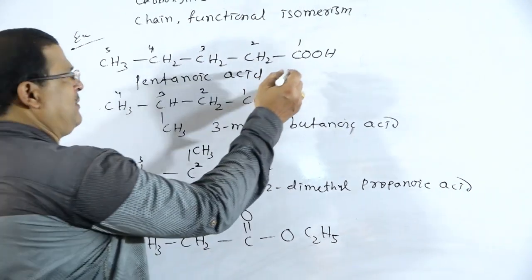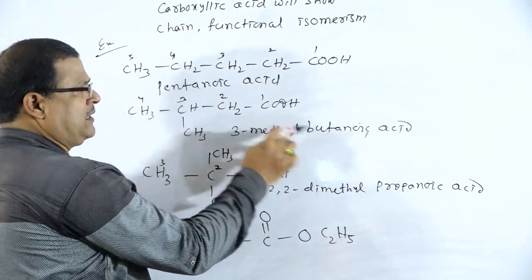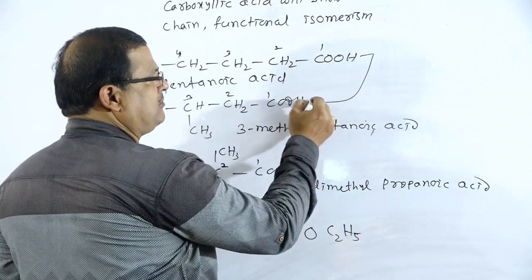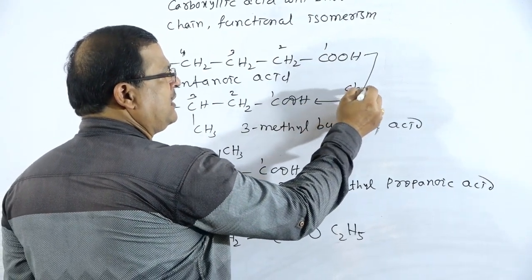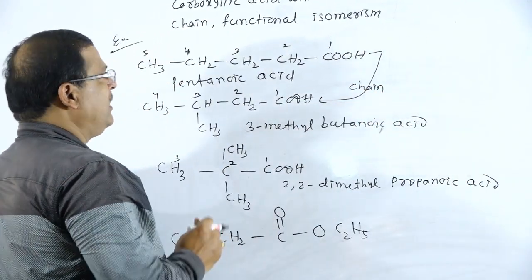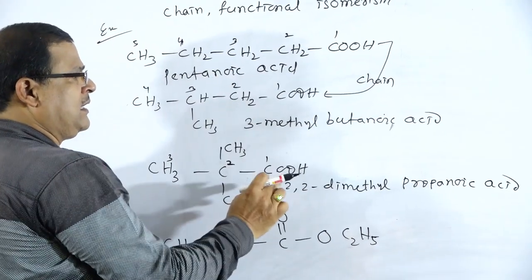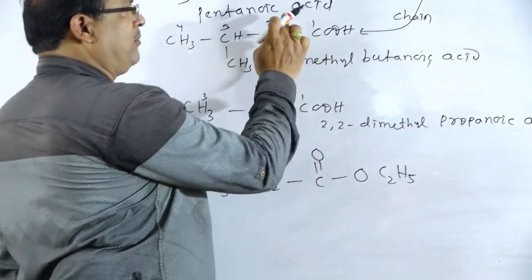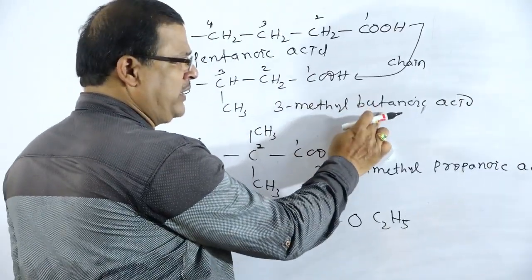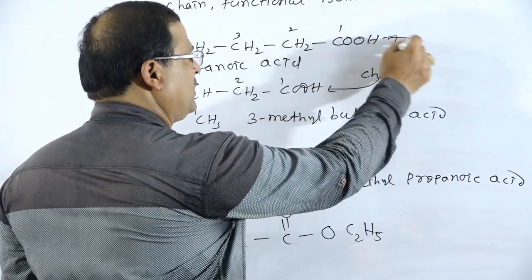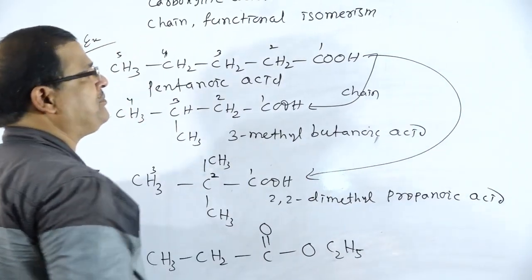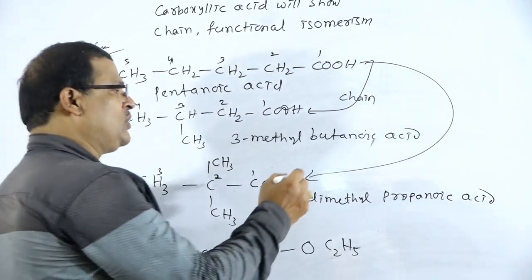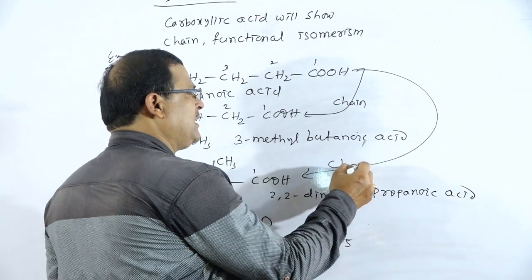What is the relationship between them? We have pentanoic acid, butanoic acid, that is chain isomerism. Then pentanoic acid and 2,2-dimethylpropanoic acid: pentanoic, butanoic, propanoic. These are also examples of chain isomerism.